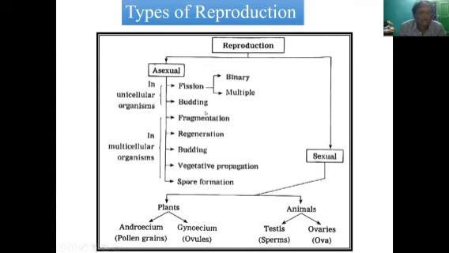Then another important asexual reproduction is budding. Budding is commonly observed in unicellular organisms such as yeast. For example, in yeast, from the parent cell, a single outgrowth, protuberance or protrusion is formed at the upper end.